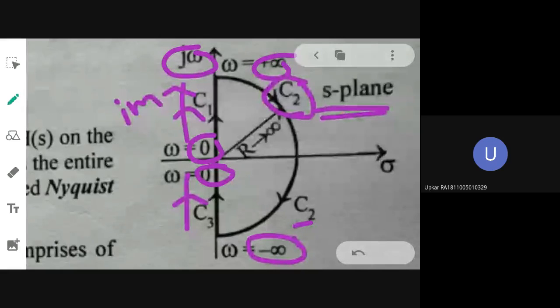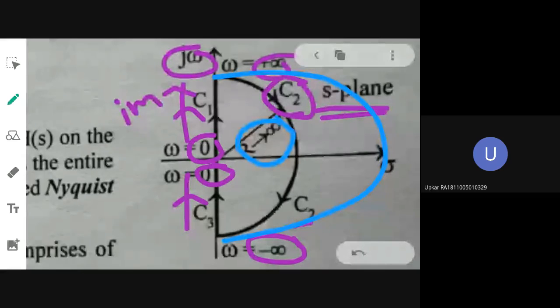Infinity. So it covers the entire right half of the S plane, and that is an arc of infinite radius. So these will be the segments present in what contour? The Nyquist contour. So your first step in solving problems is to draw the Nyquist contour.